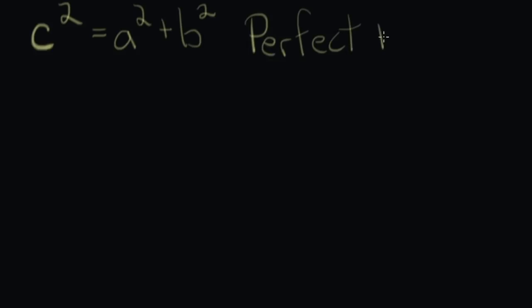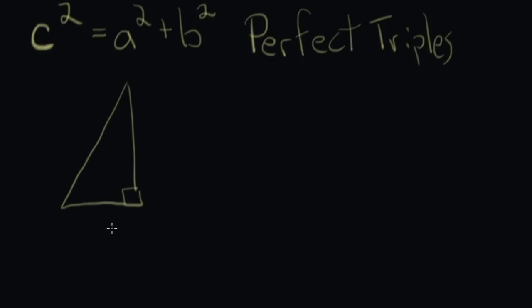What it basically meant was, for any right angle triangle, which has 90 degrees right there, if you squared the hypotenuse, this side right here, and we'll call it C, it equaled the sum of the other two sides if you squared each of them. So that is where C squared is equal to A squared plus B squared. And they said that was perfection, perfect triples.